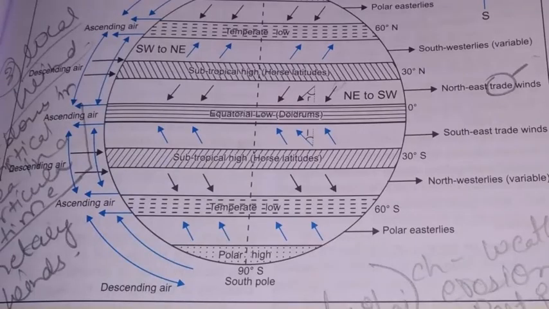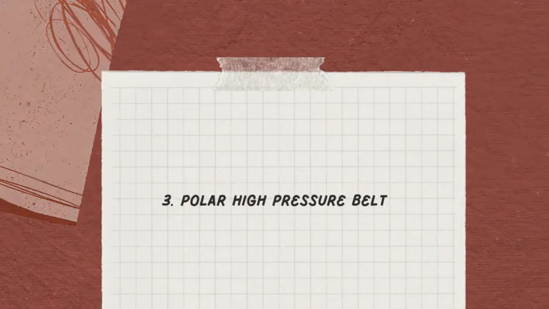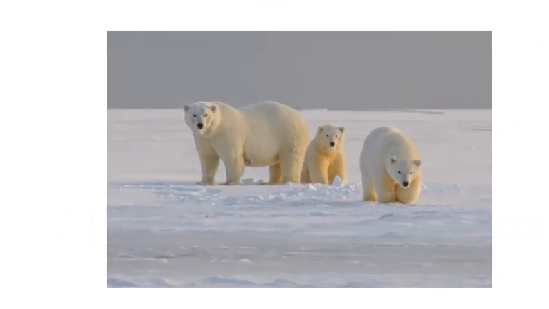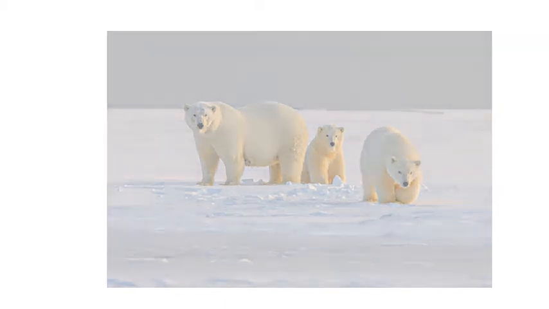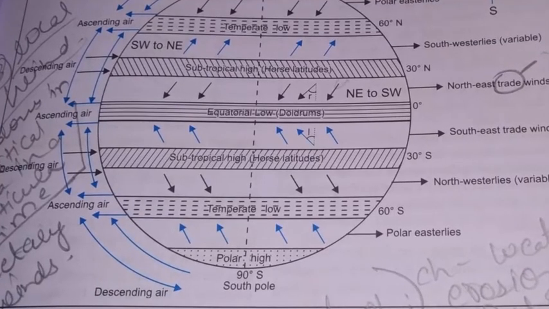Lastly, we have the polar high pressure belt at the extremes of the world in the Arctic and Antarctic regions. These are areas of descending winds, where winds tend to be divergent and calm. Thus, the area is a high pressure belt.